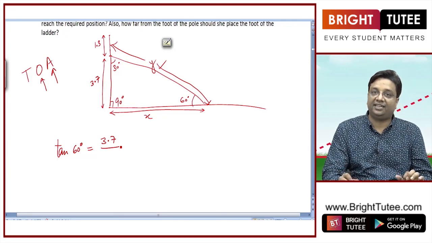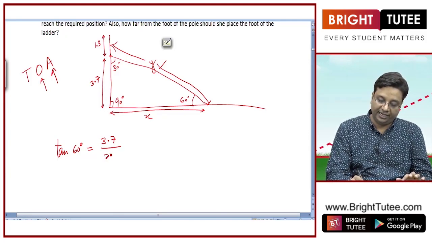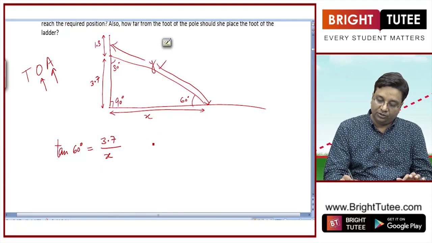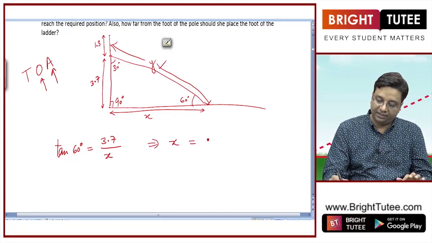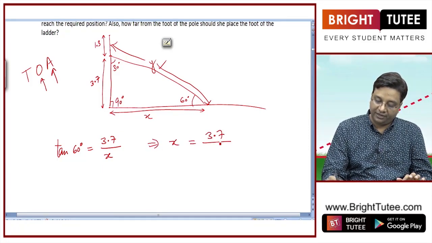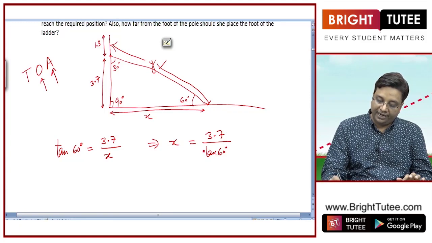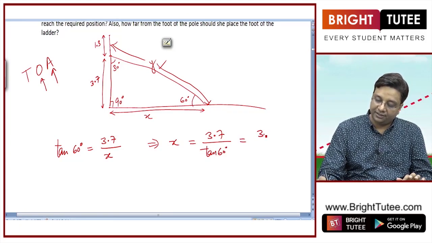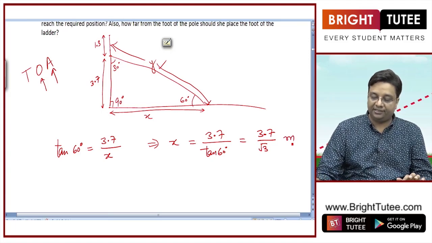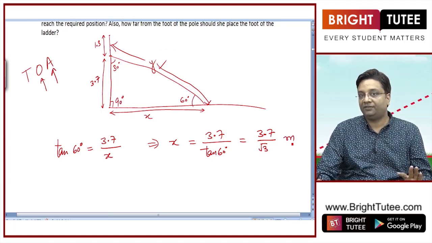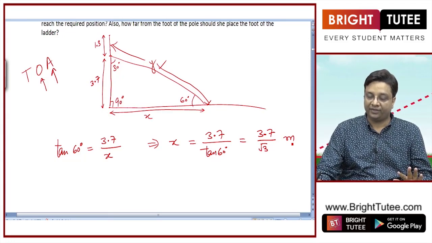And what is the side adjacent to 60 degrees? It is x, right? So how much is x? It is 3.7 divided by tan 60. And how much is tan 60? It is root 3. So x is equal to 3.7 divided by root 3 meters, right?